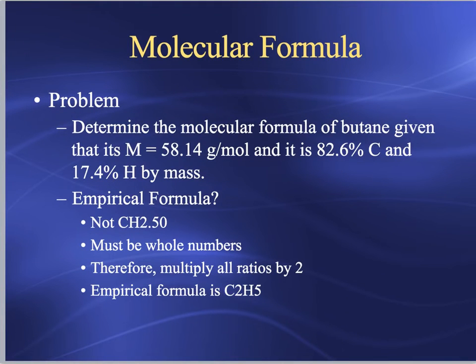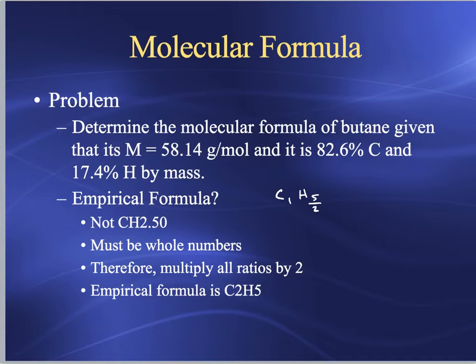So the empirical formula can't be this CH2.5. It's got to be whole numbers. In order to fix that, what I need to do is get rid of this half of a number here. It's really like saying I have C1H5 over 2, 5 halves, 2.5.